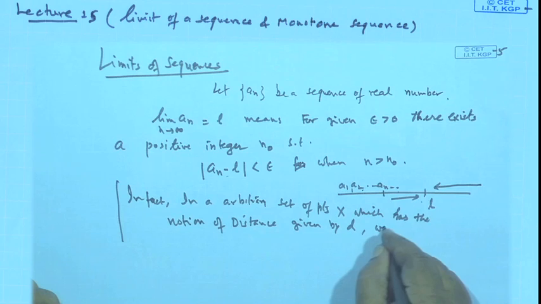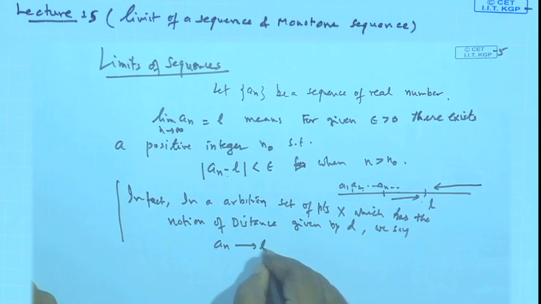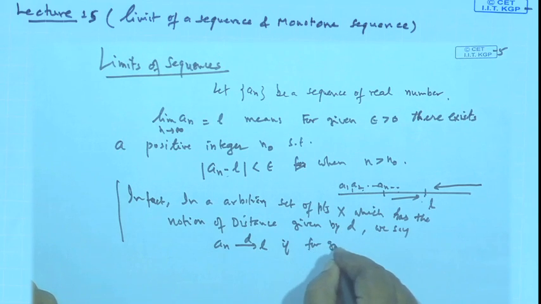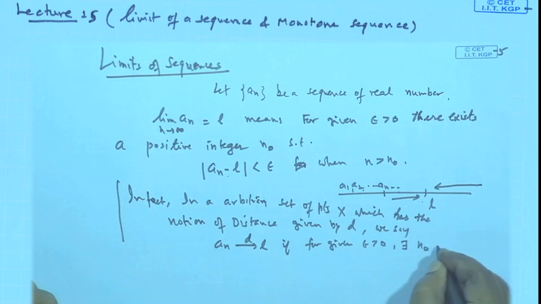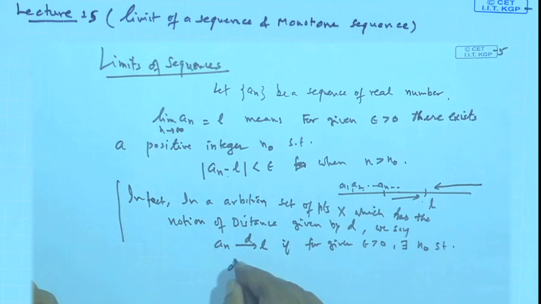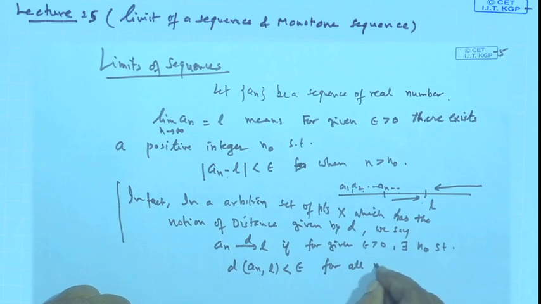We say a sequence A n converges to L under d if for a given epsilon greater than 0, there exists an n naught such that the distance between A n comma L is less than epsilon for all n greater than or equal to n naught.